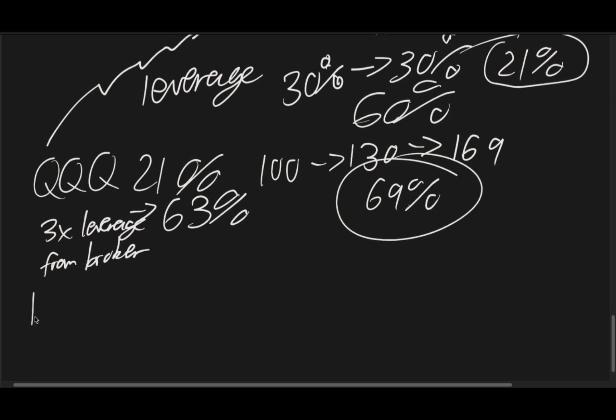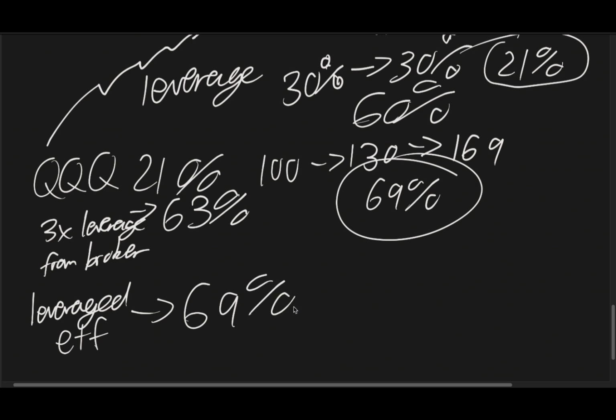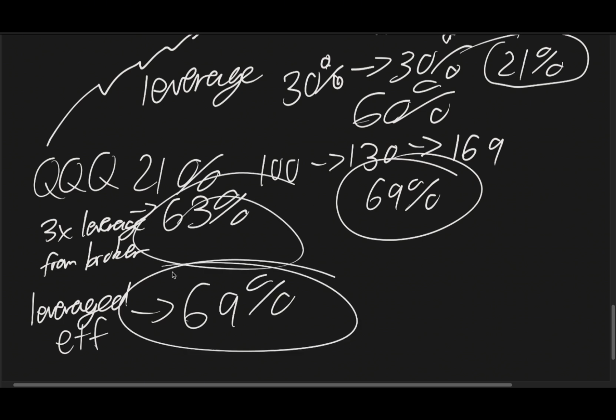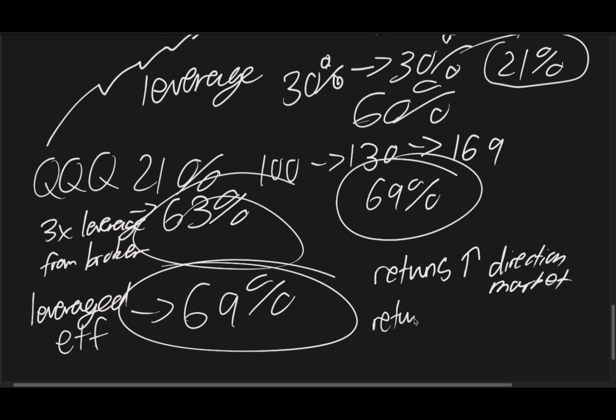But if you used a leveraged ETF, your returns would become 69%. Now, this is the key. The returns are higher in a directional market. The returns are lower in a choppy and volatile market.